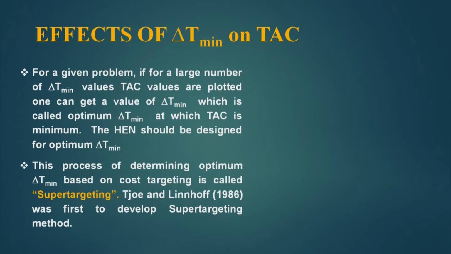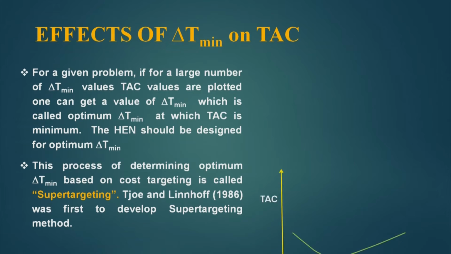This process of determining optimum delta T minimum based on cost targeting is called super targeting. Linnhoff and Ahmad in 1986 were the first to develop the super targeting method.